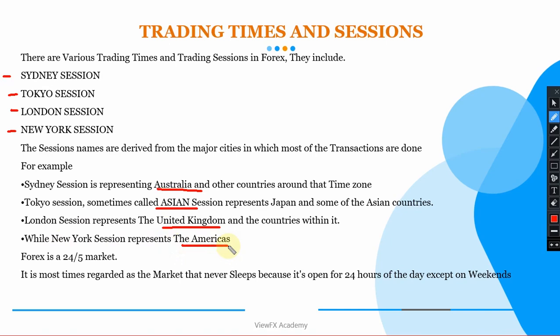So what it means is that the banks in those countries open at a specific time and close at a specific time. For example, most banks open at 8 a.m. their local time and close at 4 p.m. their local time.